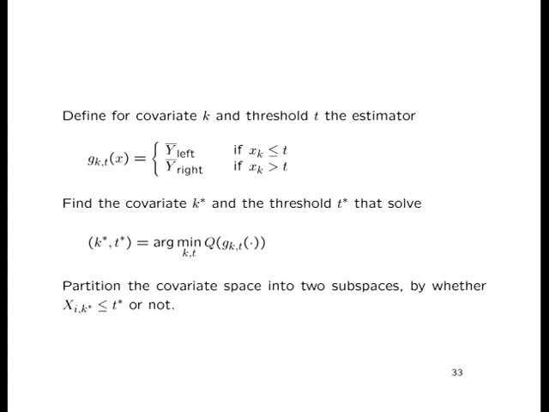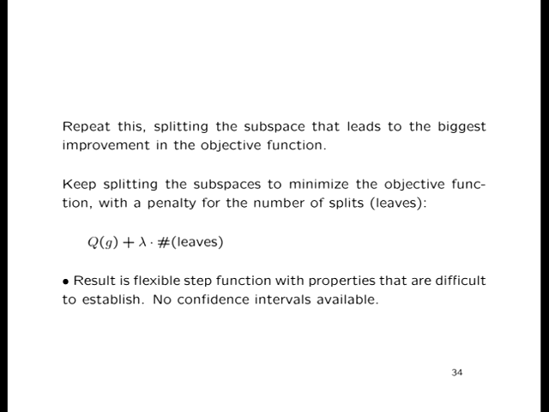Each time now, in addition to choosing between covariates and thresholds, you also choose between different subspaces to split, but you split the leaf, the subspace, and the covariate and the threshold that gives you the most improvement in the sum of squared residuals. And each time you do that, you're going to reduce that sum of squared residuals.